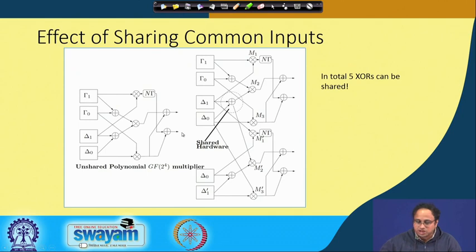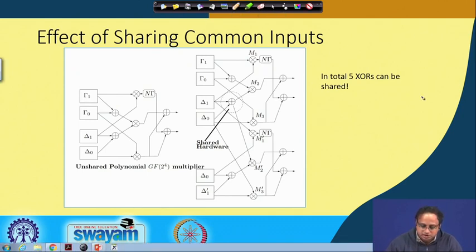So this is the argument that I have shared. Then if you remember, this particular XOR you can actually share between the 2 computations. That means you can actually save some gates here.